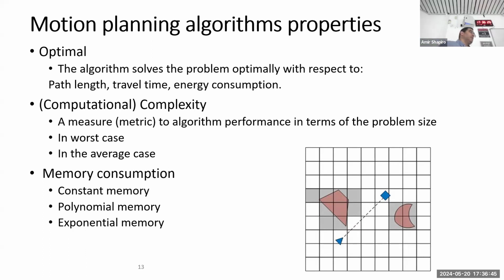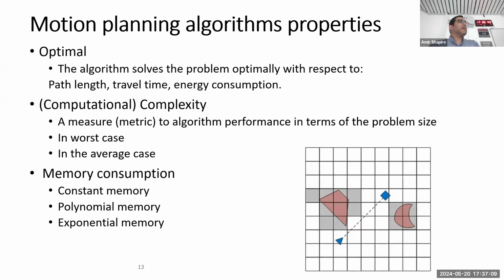So if I need to navigate in a large map, how much computation do we have in terms of the size of this map, or how much memory we need. Also, the next bullet is memory consumption.